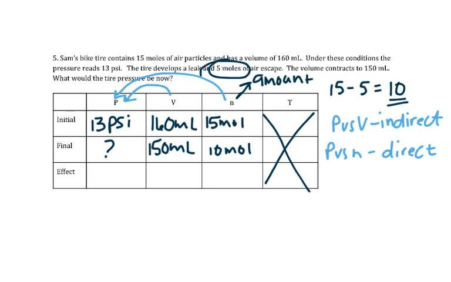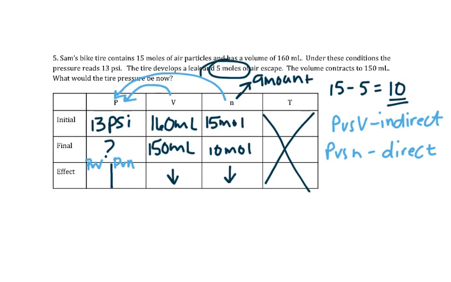Our effect arrow for the amount decreases, right? It lost 5 moles of gas. And the volume also got smaller, so we'll put our down arrows. For this last one, remember, you have to have two effect arrows to represent both relationships.